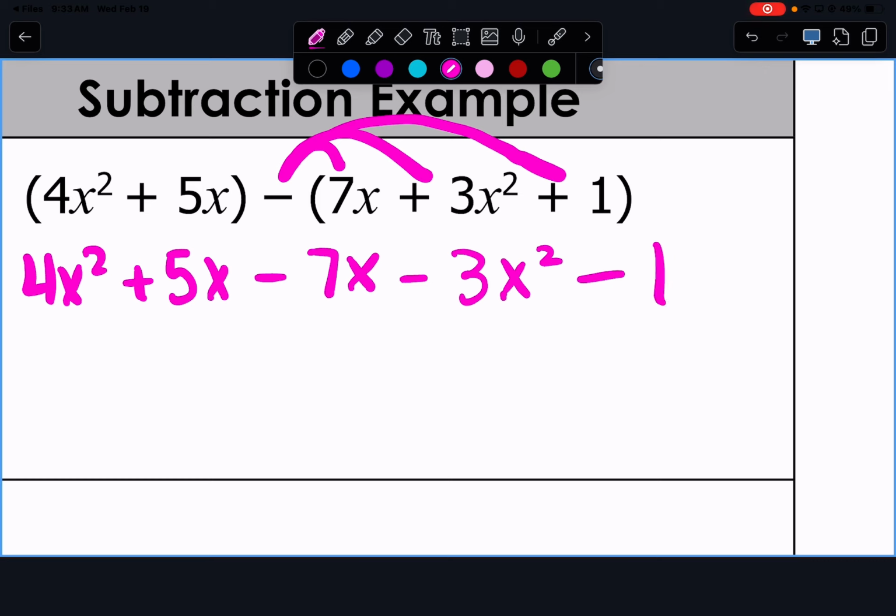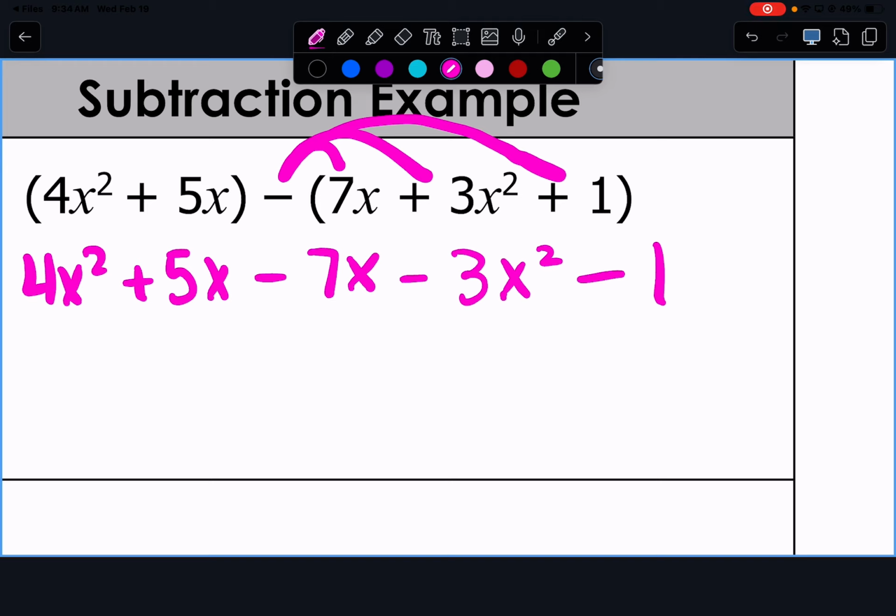We have to distribute that negative because we are changing our sign. We have to be really careful, because if there was already a negative in that problem, when you subtract a negative number, what do you have to do? You have to add them, right? So you have to pay real close attention when you have that negative, because you have to make sure you change your signs.